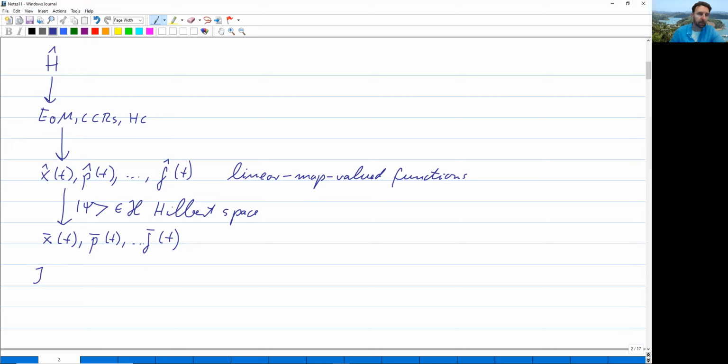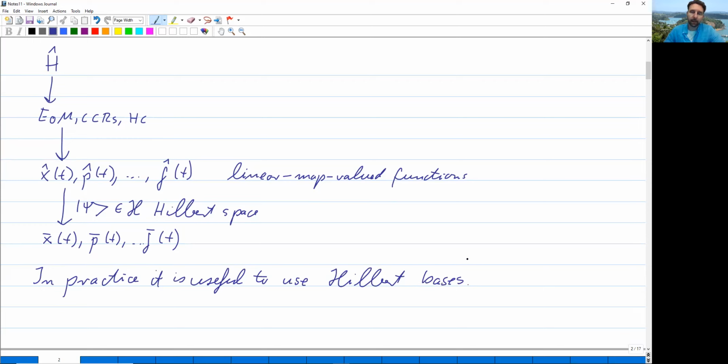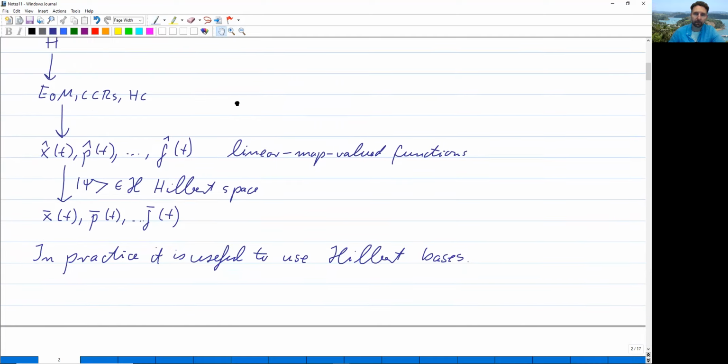So in practice, it is useful to use Hilbert bases. Remember, in infinite dimensional vector spaces, we have to be a little bit careful here with bases, and that's why we introduced the notion of Hilbert bases carefully.